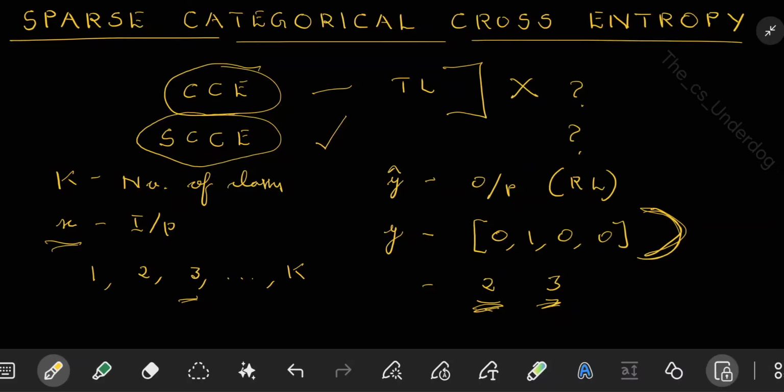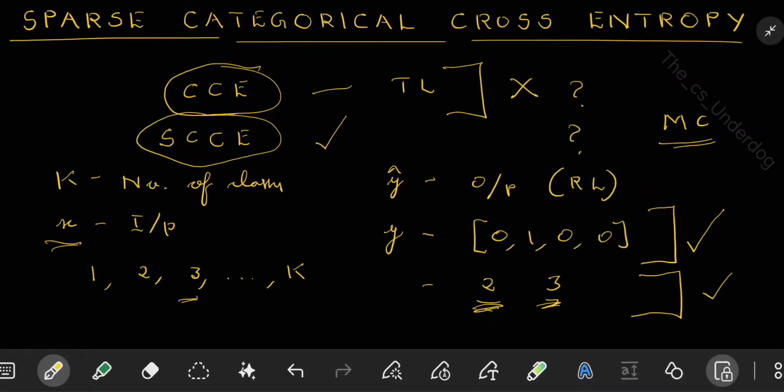The main factor that determines it is this: if you have a multi-class classification problem with K classes, and your true label is in the form of a one hot vector, then you can go for categorical cross entropy, and if it is in the form of an integer, then you will go for sparse categorical cross entropy.